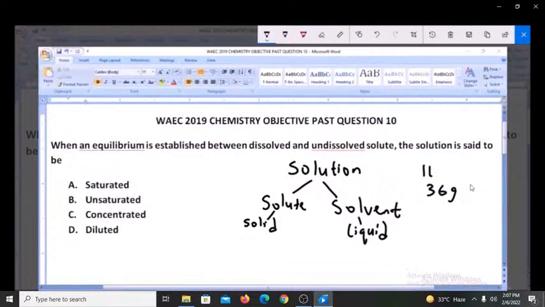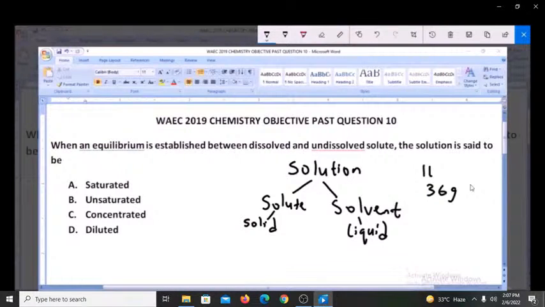If you can no longer dissolve more sodium chloride in that 1 liter of water after putting 36 grams of sodium chloride, the solution is said to be saturated at that particular point. So you can express it by saying 36 grams of sodium chloride is enough to saturate 1 liter of water at a particular temperature, let's say 25 degrees Celsius.